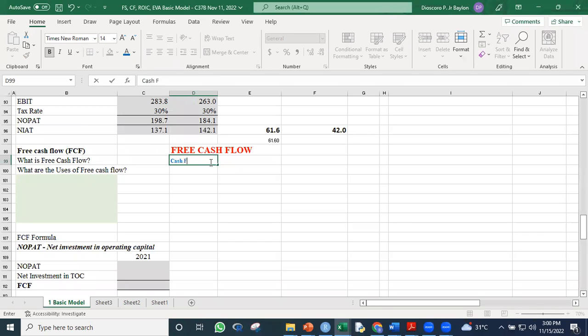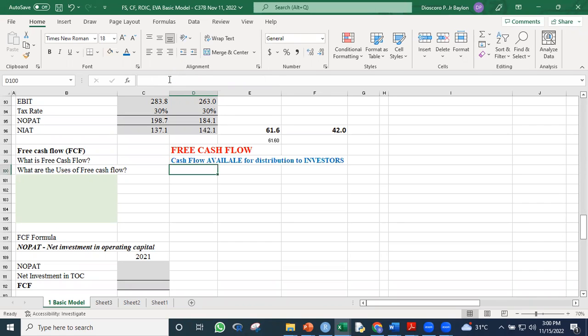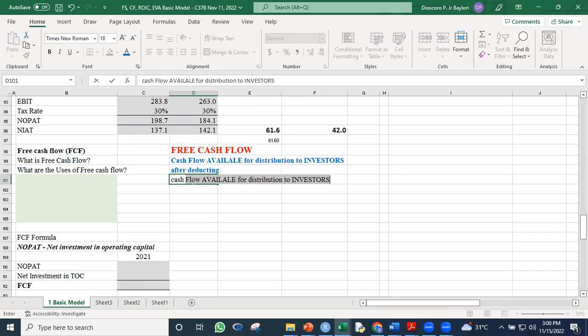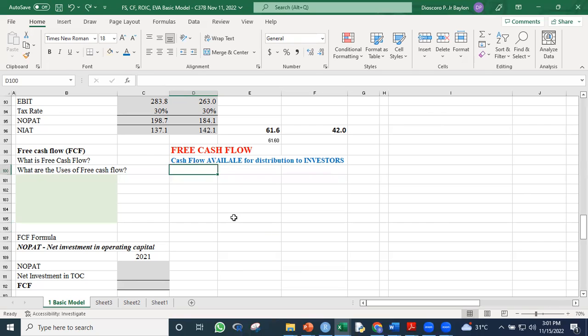Free cash flow is cash flow available for distribution to investors after deducting cash flow requirements for operating activities or operations.